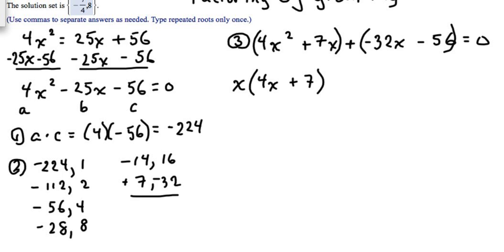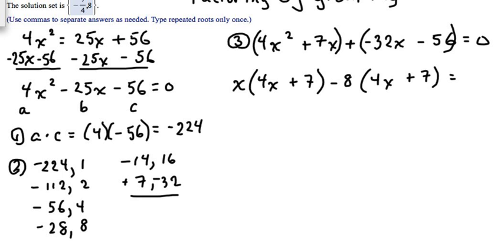If this number here is negative, then our greatest common factor also has to have a negative. And the greatest common factor, because there's no x term here, is going to be an 8. All right, now negative 32x divided by negative 8 is a positive 4x. Negative 56 divided by negative 8 is a positive 7.